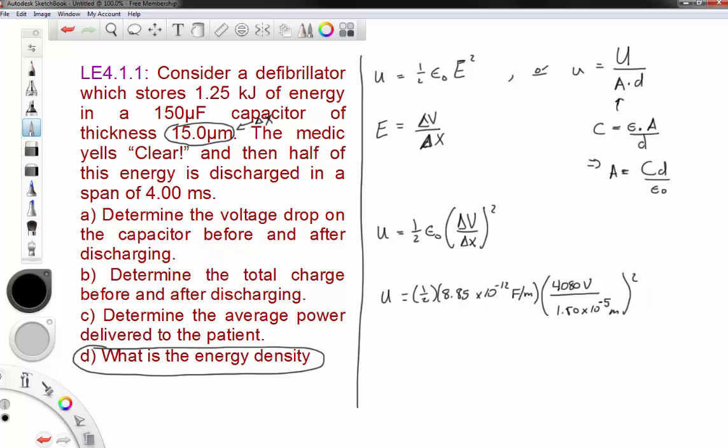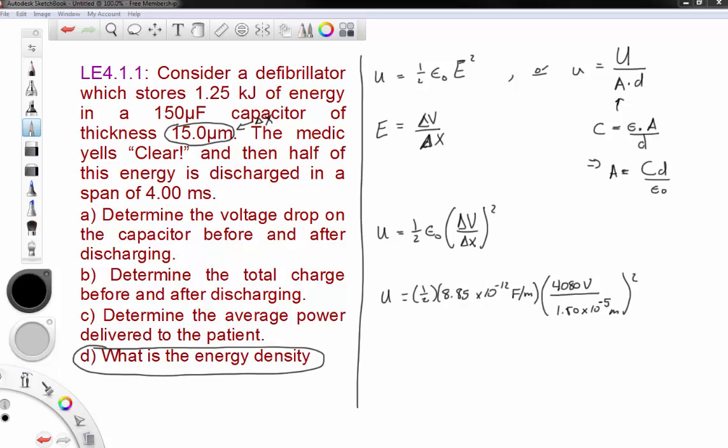So what is this going to give us when we do all this? We're going to get 0.5 times 8.85 times 10 to the minus 12 times 4080 squared, divided by 1.5 squared, and then divided by 10 to the minus 5 squared.